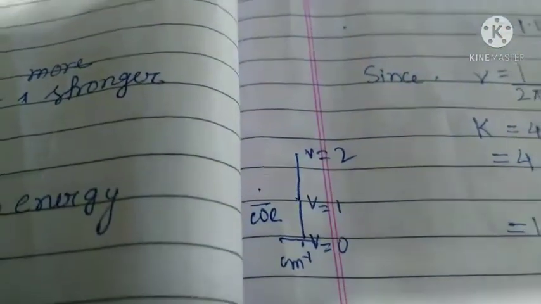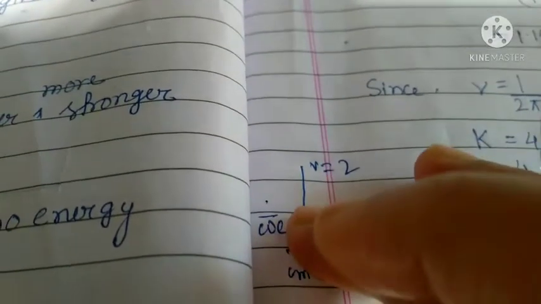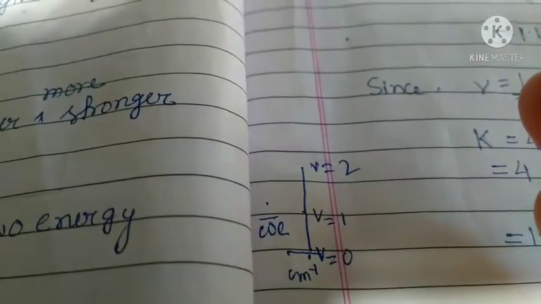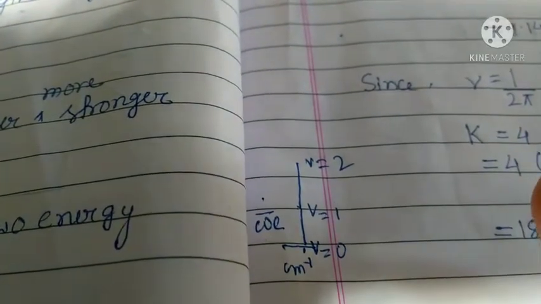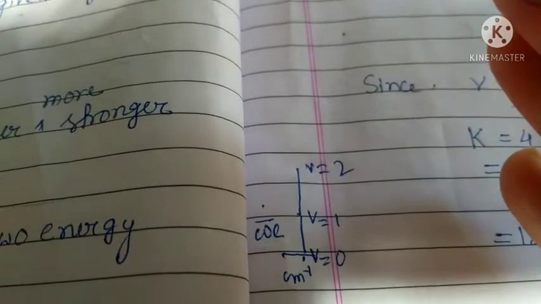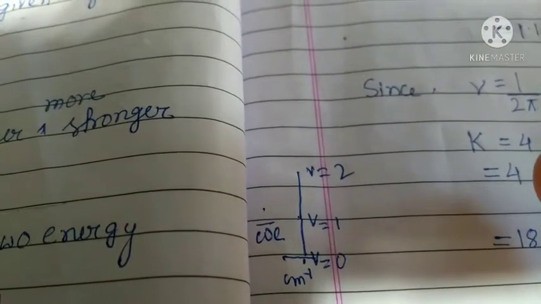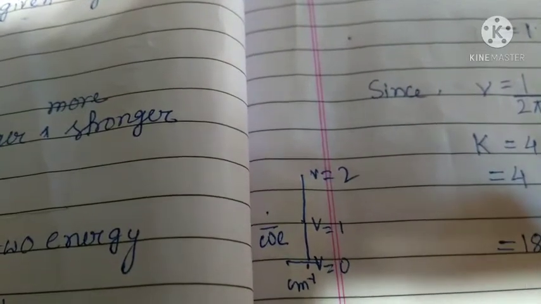Okay, so for a simple harmonic oscillator we will get only one peak, but for a real molecule, when the energy level increases, meaning the molecule vibrates at a higher energy level, it does not behave like a simple harmonic oscillator.